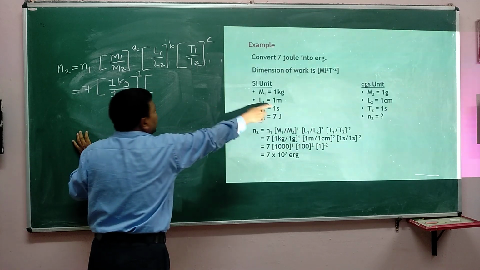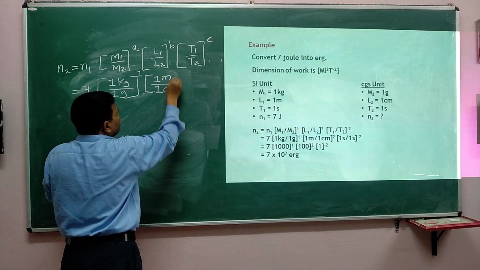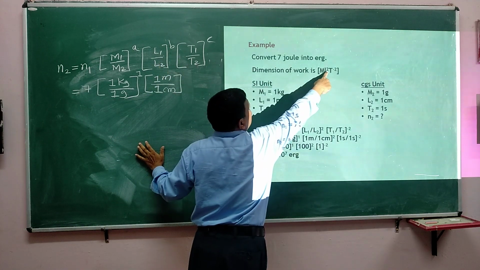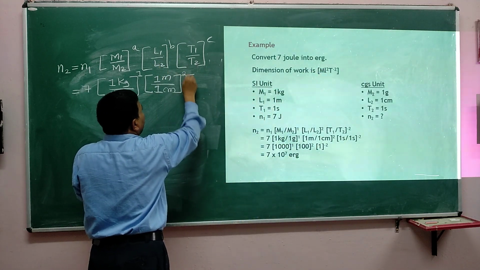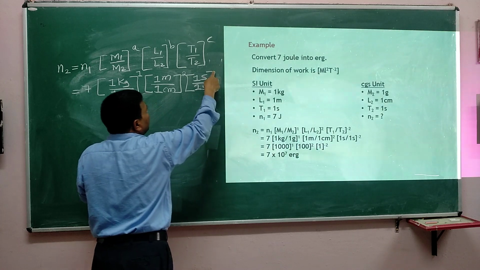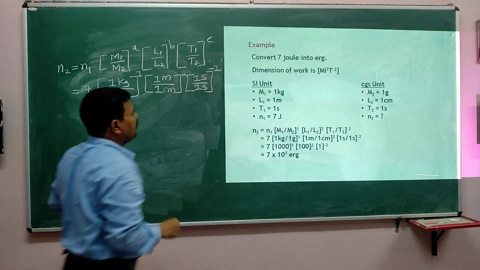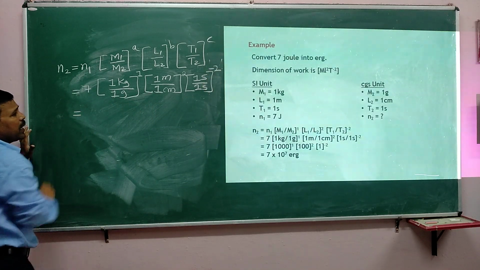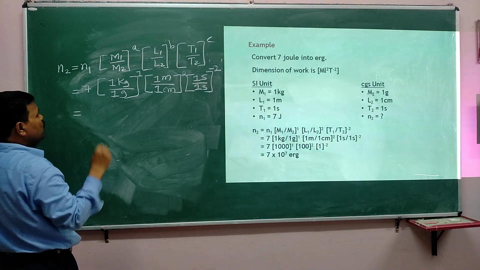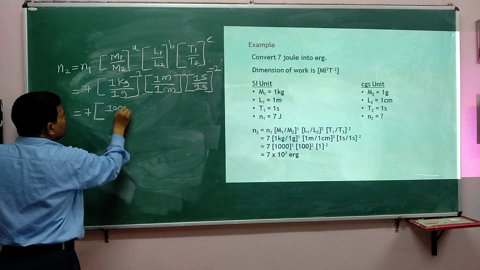L1 here I will write 1 meter, and L2 I will write 1 centimeter, and the power b here is 2. Similarly, the time in both the systems is second only, and the power c is minus 2. So now I am going to write this as, then 1 kg is known as 1000 grams.